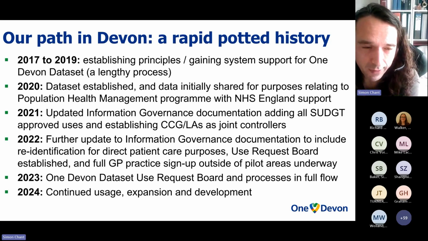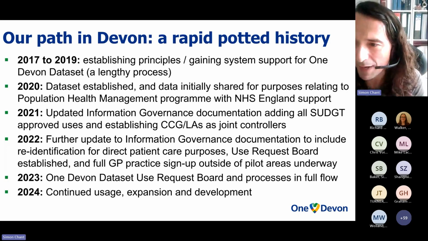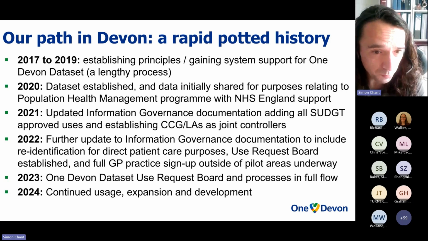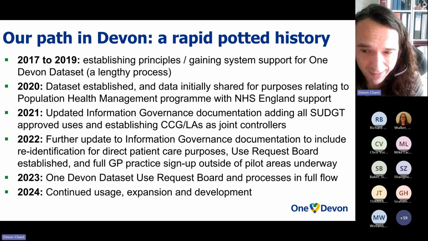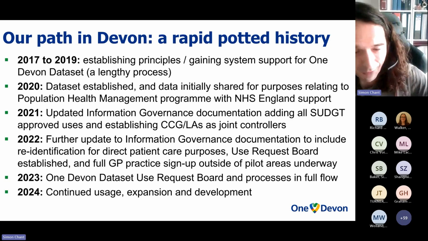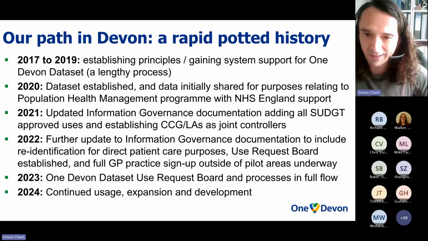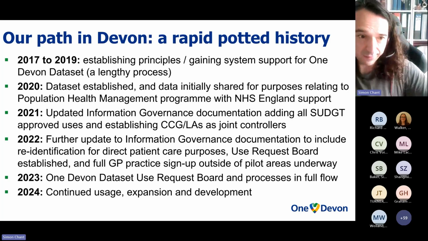So we pulled in the full range of approved uses for linked dataset, which is set out in something called the Secondary Uses Data Guidance Tool. So I'll say more about that a little bit later. And it also established both the clinical commissioning group as it was then, integrated care board now, and our local authorities in Plymouth, Torbay and Devon as joint controllers of the data set.